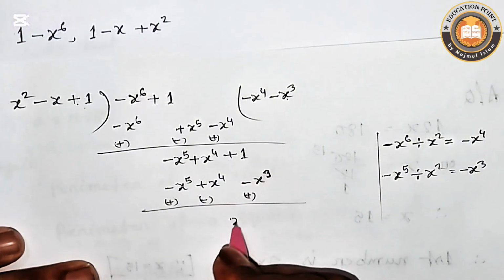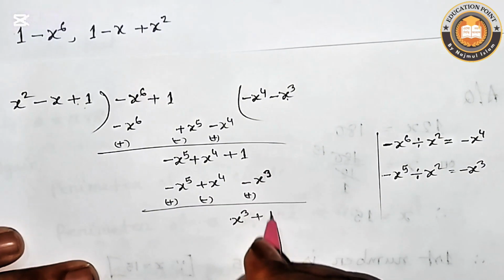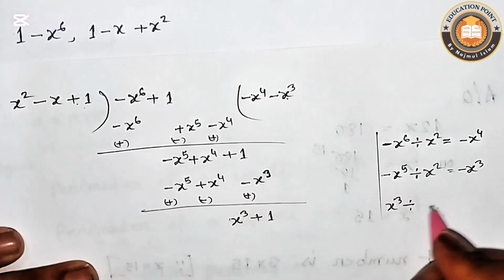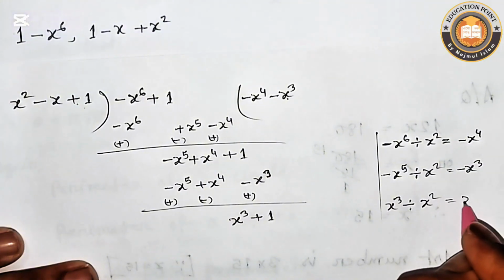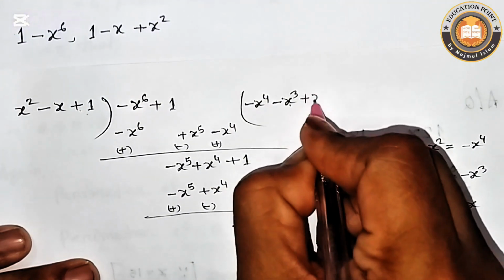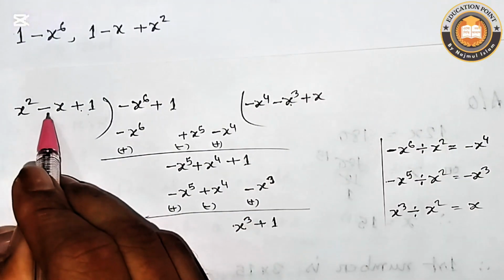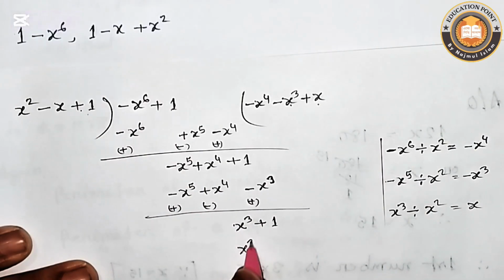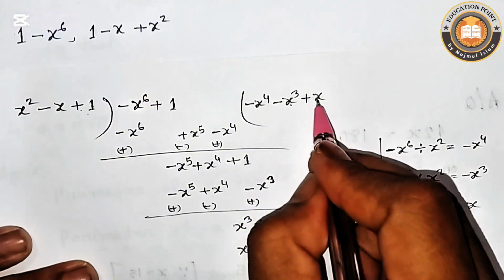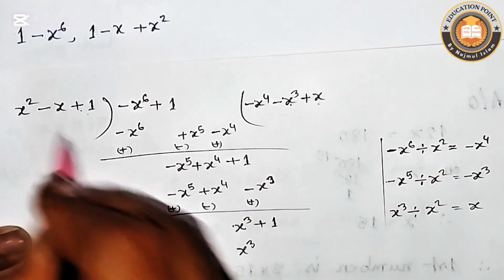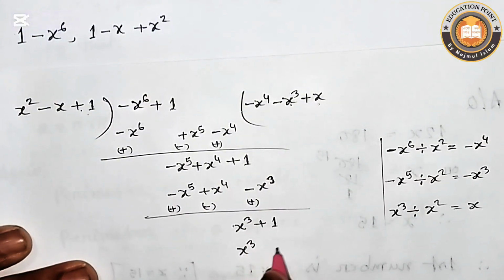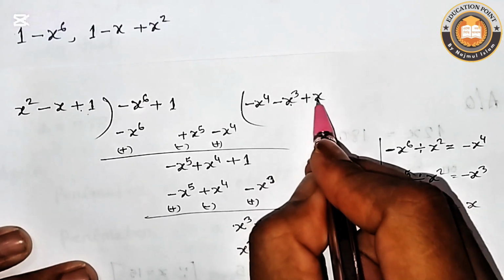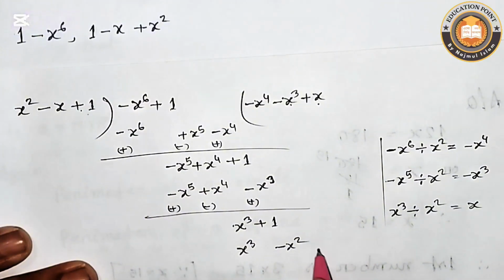Now we can write x cube plus 1. Now x cube divided by x square equals x. Now plus x multiplied with x square minus x plus 1: x multiplied with x square equals x cube, then plus x multiplied with minus x means minus x square, then plus x multiplied with plus 1 equals plus x.